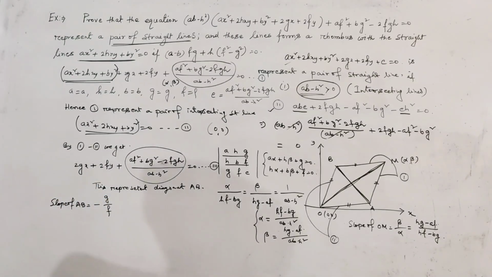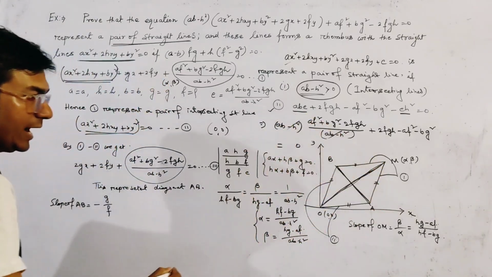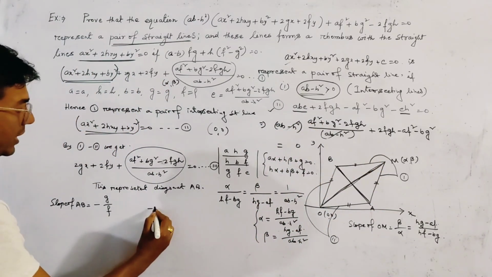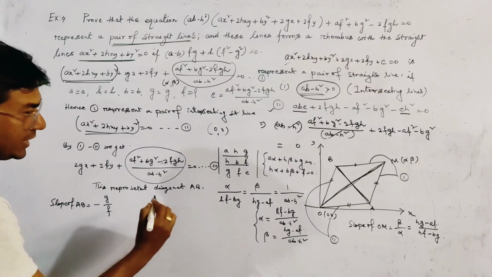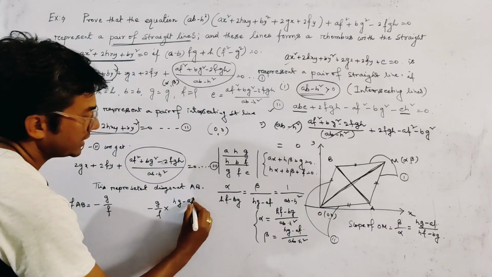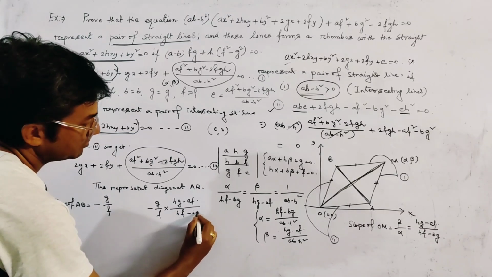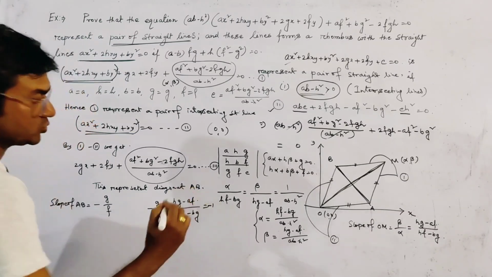Now we use the condition of perpendicularity of the two diagonals and get minus g by f into hg minus af by hf minus bg equal to minus 1.